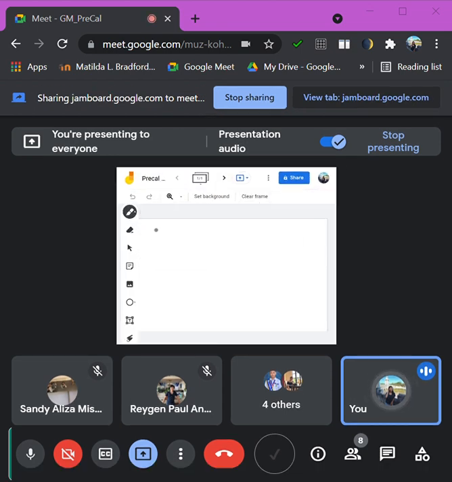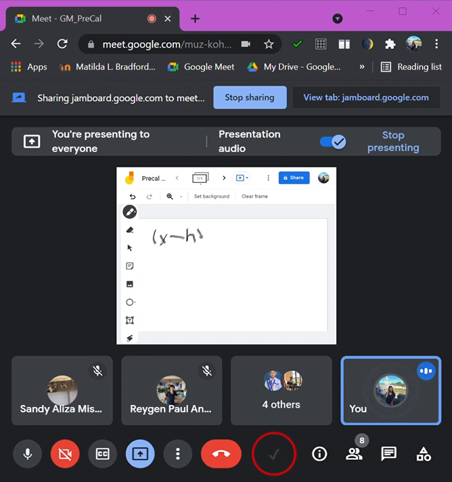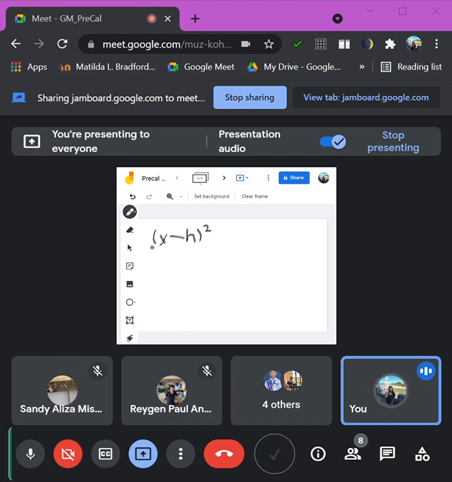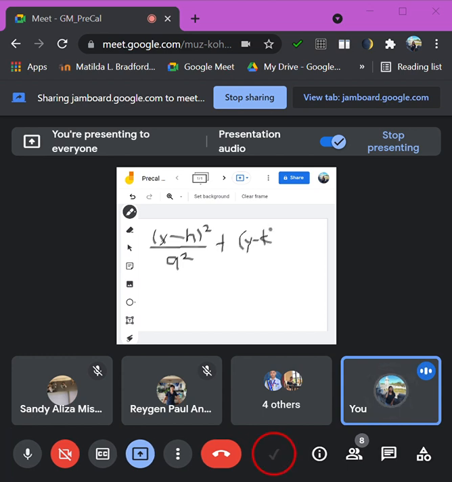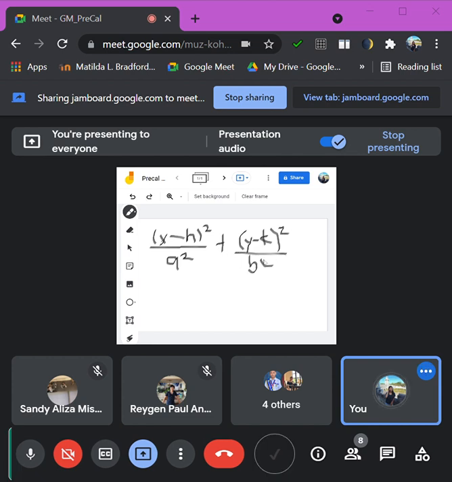So ang forma na niya is we have there, para mas makita ninyo, quantity x minus h squared over a squared plus y minus k squared over b squared is equal to 1. Okay?